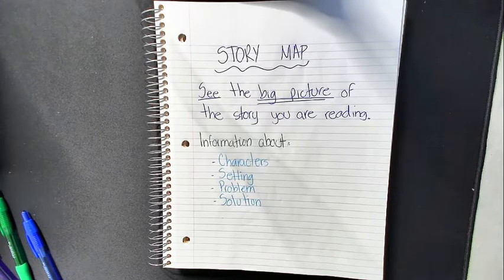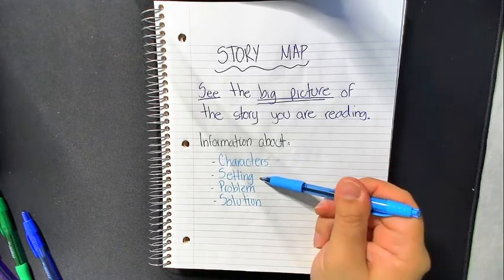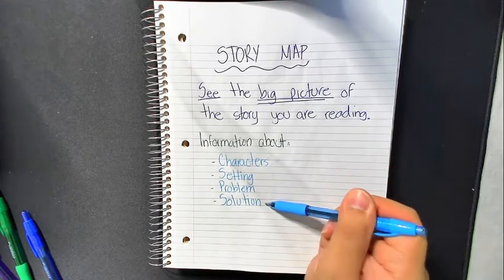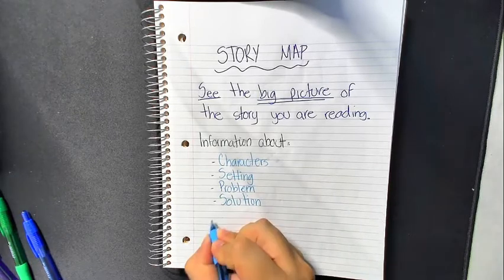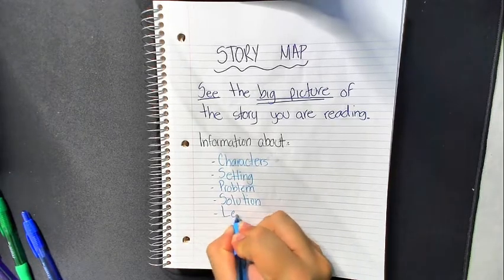For example, if you cannot solve the problem, perhaps other things happened and the problem was fixed a little bit, or the problem ended up being not such a big deal at the end because of all the things. Okay? So we have characters, setting, problem, solution, and very important, sense.